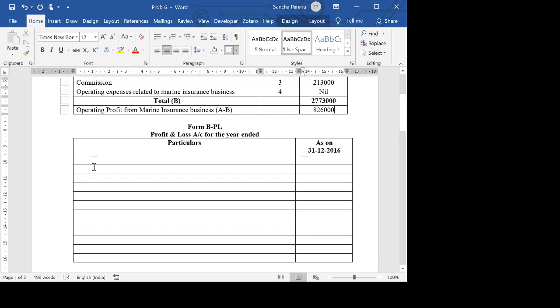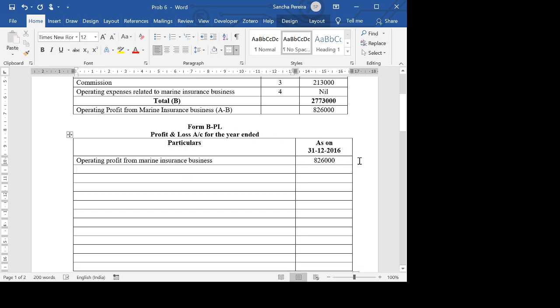Next, we move on to the profit and loss account. So we start with operating profit from marine insurance business, that is 8,26,000. Now we have another general income, which is interest, dividend, and rent received.